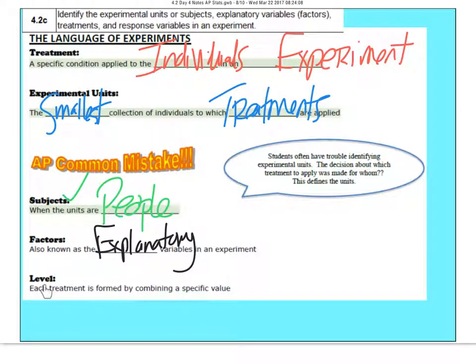And the other thing, factors may have levels. So maybe if the factor is the aspirin, what's the level of aspirin? Maybe one person takes 1 aspirin, somebody else takes 2 aspirin, somebody else takes 3 aspirin. The level of that factor could happen to varying degrees depending on how the experiment is designed.